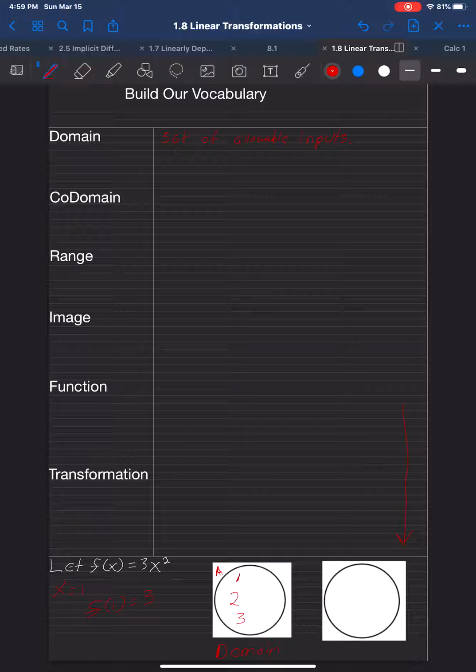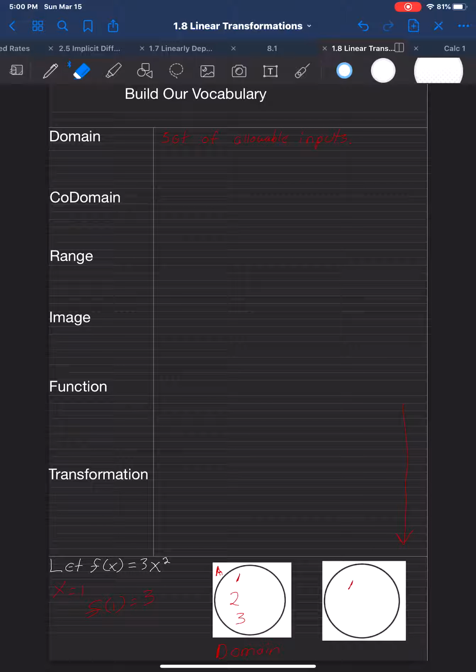All right, so now let's do the codomain. What do we mean by codomain? Let's imagine just for a second, let me just write it here first.